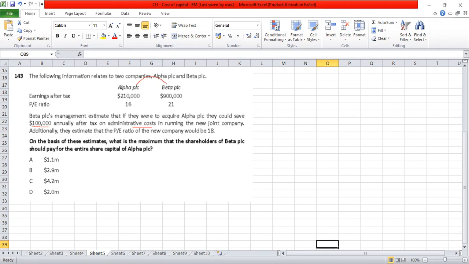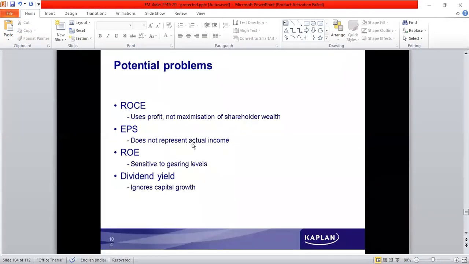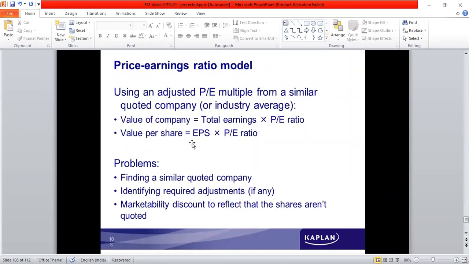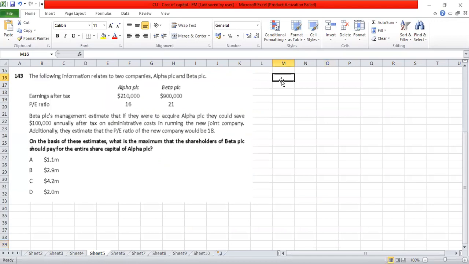Because we are calculating the value of the company based on the present situation, if this happens immediately, the total value of the company stands at, let me put it down. So how is this calculated? Based on the total earnings into the price earnings ratio, the total earnings of the joint venture after acquiring.